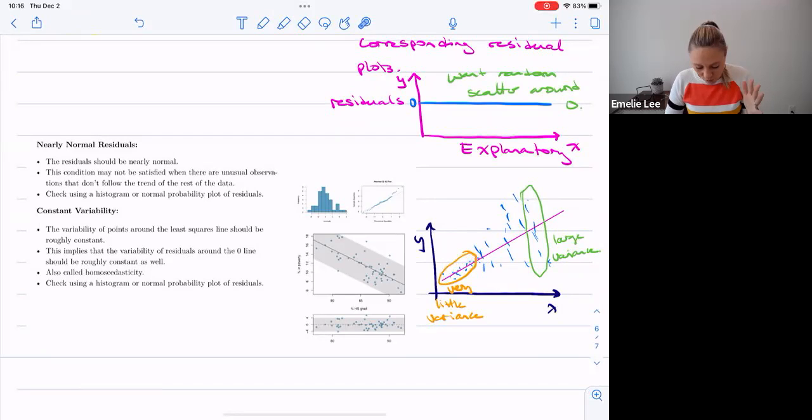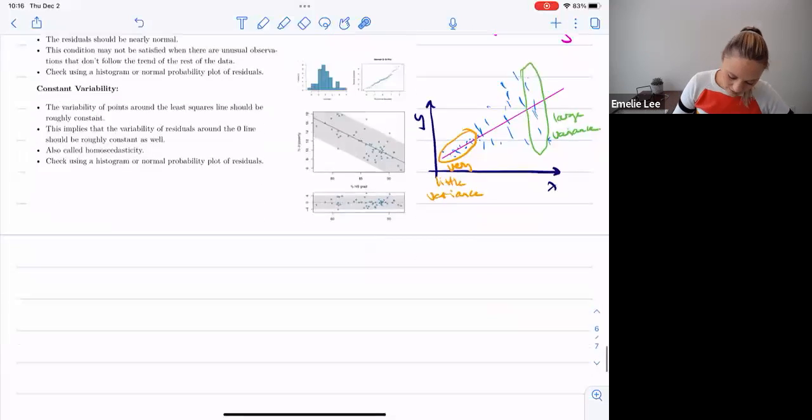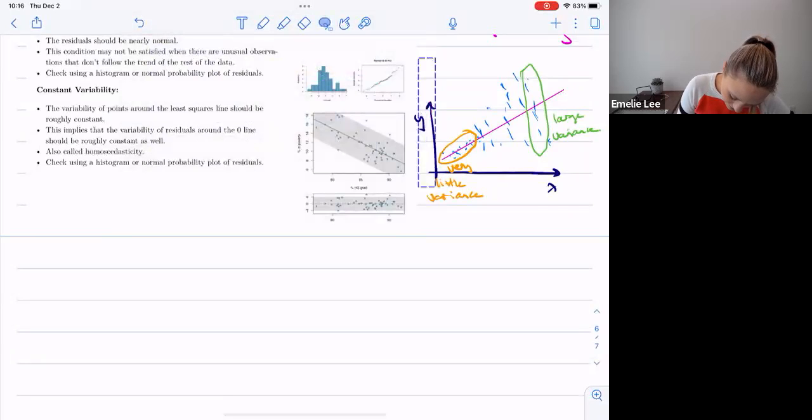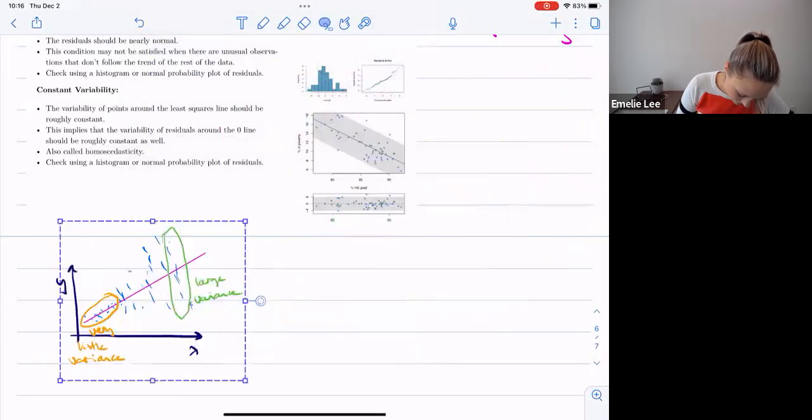Here our predictions are really, really good, really strong. But then as we move out to larger values of x, all of a sudden our predictions are not as reliable.